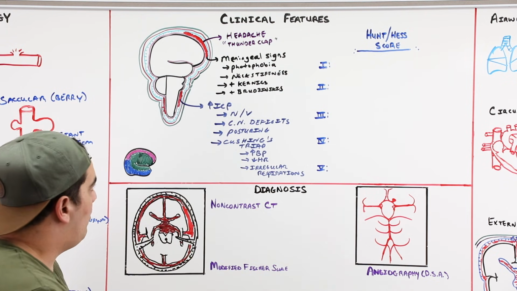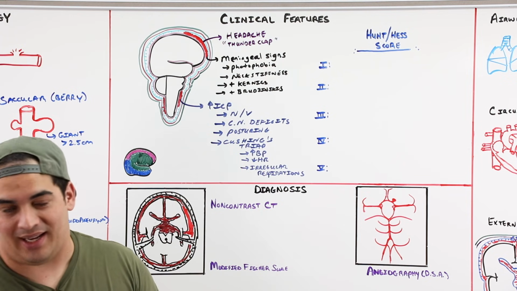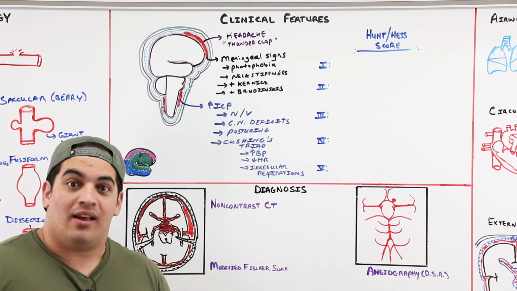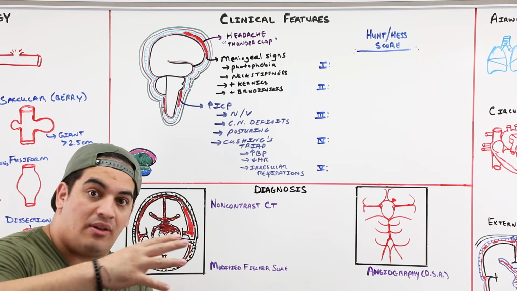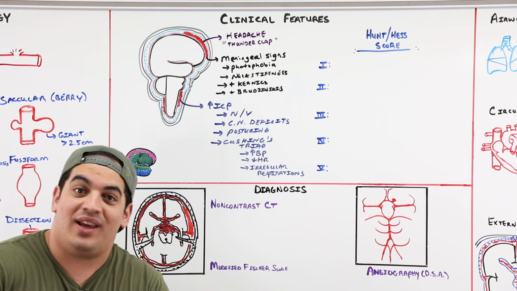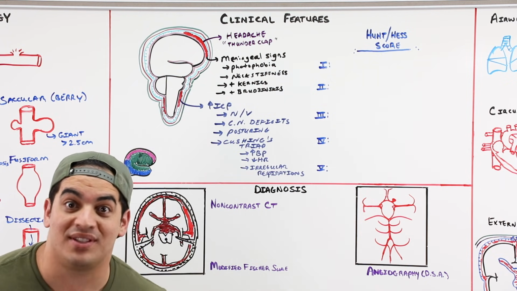The last thing I want you guys to think about is that, for example, if the anterior communicating or the MCA vessel ruptures, the blood flow going to a particular part of the brain is now lost, and you can't supply blood to that part of the brain. So what could you develop? Stroke symptoms.